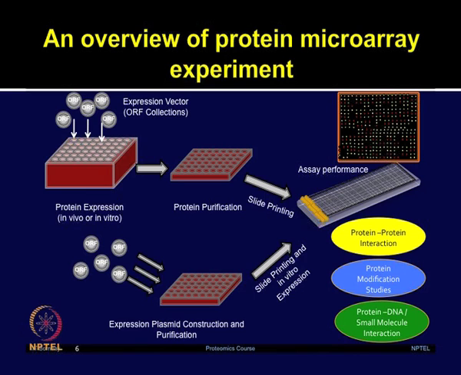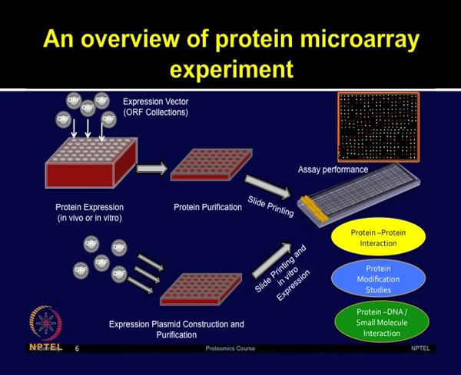Alternatively, one can also use a cell free expression based system to generate the protein content. Either way, once you have generated the protein content, one can print those on glass slides, which is shown on the right side, and then assay performance can be tested on these chips by using a variety of chemistries.